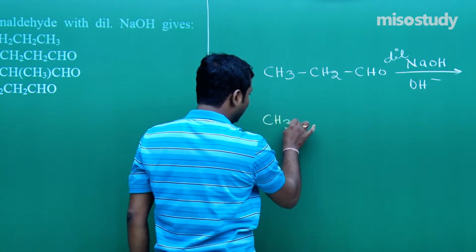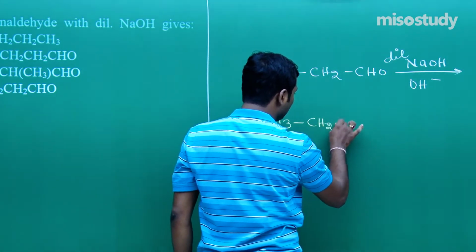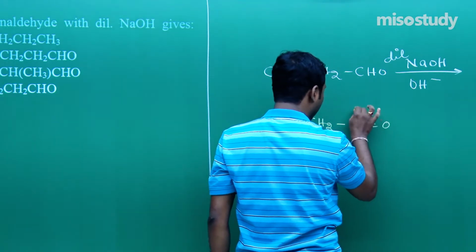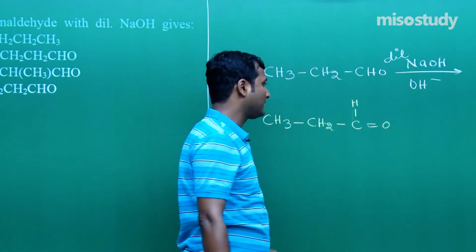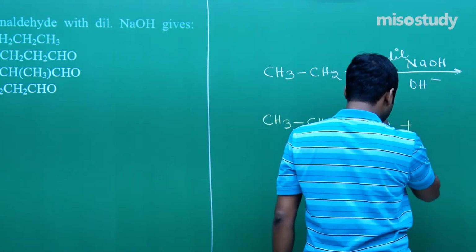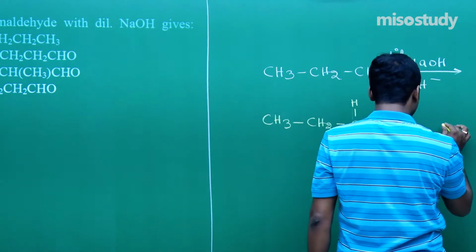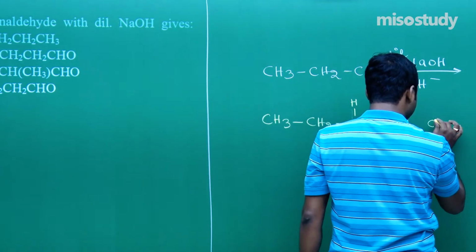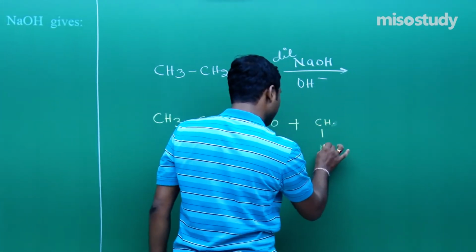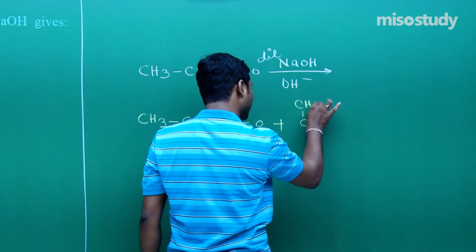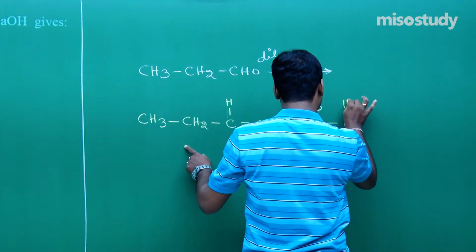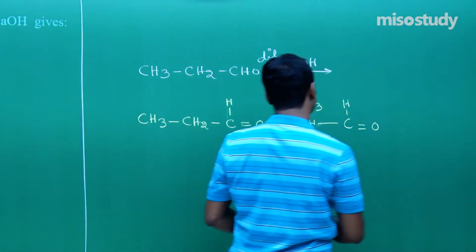It can be written like this: CH3CH2C double bond OH. If I take another mole, then what will happen? Check it out. Plus, it can be written like this: CH2, CH here, put here CH3, then CH double bond O. This is the component.